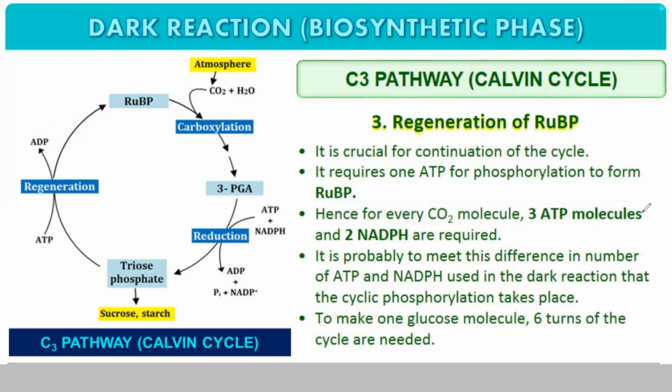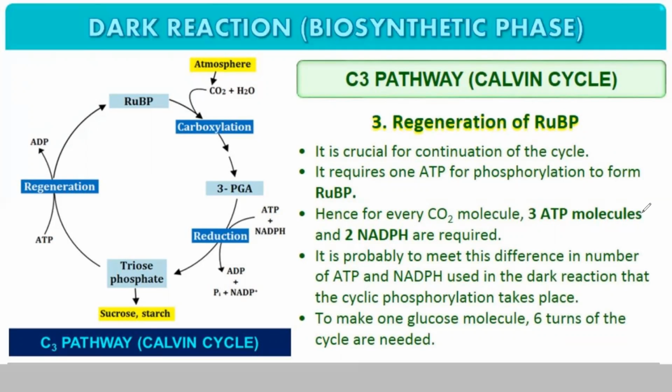It is an important part of the cycle because if 5-carbon RuBP is not available, then fixation of carbon dioxide will not take place. For regeneration of RuBP, it requires 1 molecule of ATP. Hence, for every carbon dioxide molecule, 3 ATP and 2 NADPH are required.